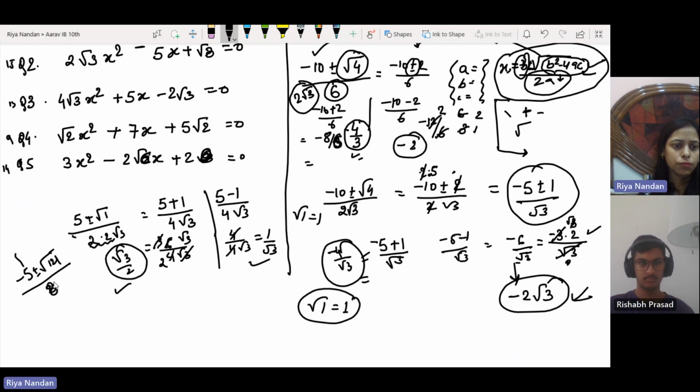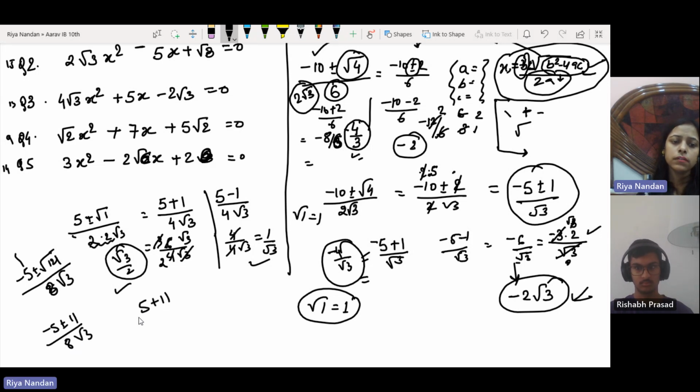So 8 by root 3... it is 4 root 3, right? Very good. Now, do you know the root of 121? That's why I asked you to solve it. You already know this is 11. So minus 5 plus minus 11 upon 8 root 3.